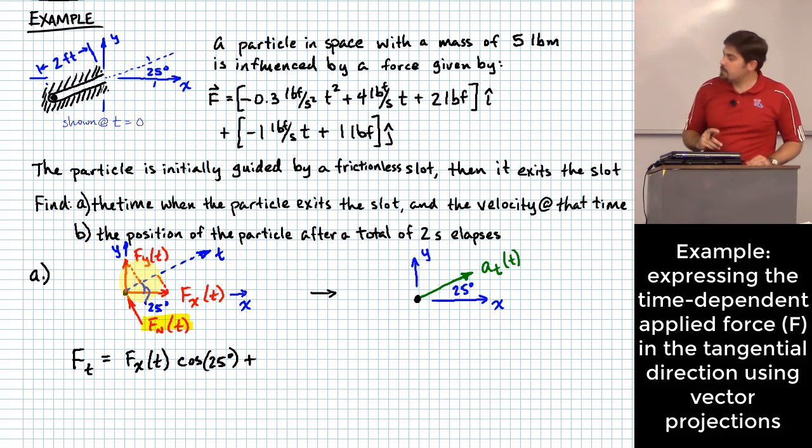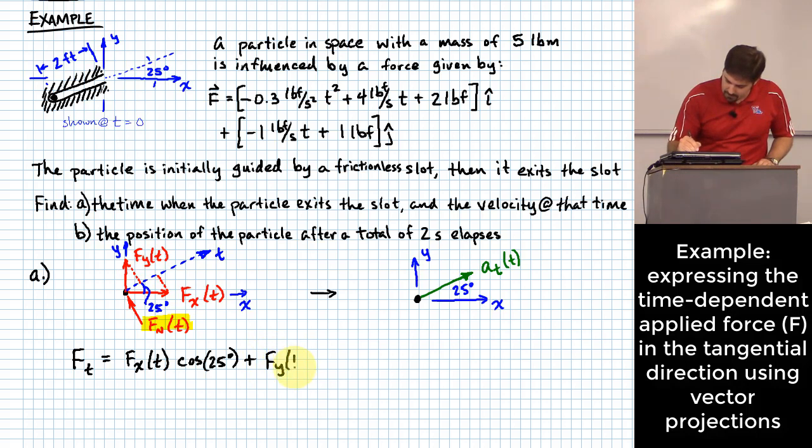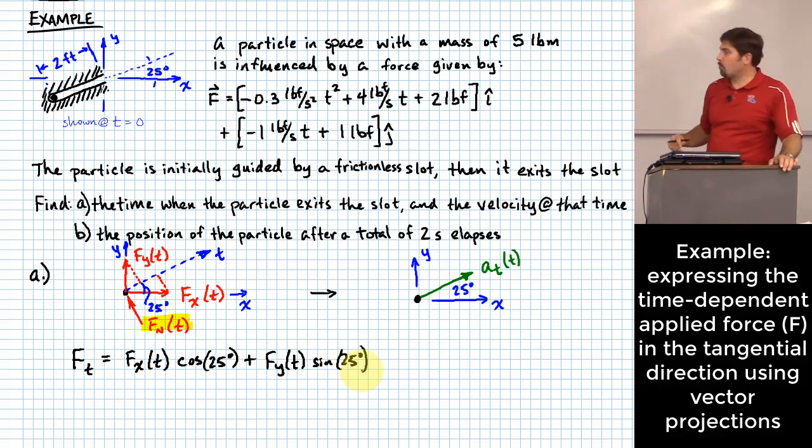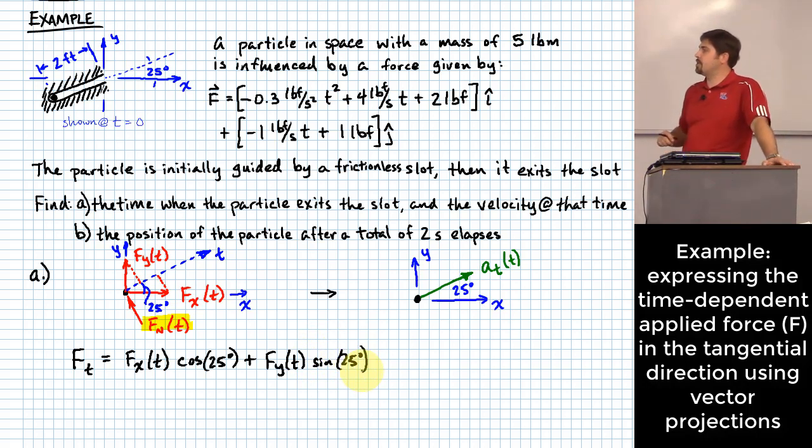So these two amounts that I have there would add together and make the overall amount of force that's being applied in the tangential direction due to this force that's applied somehow, and I've given you the functions for exactly how that progresses over time.